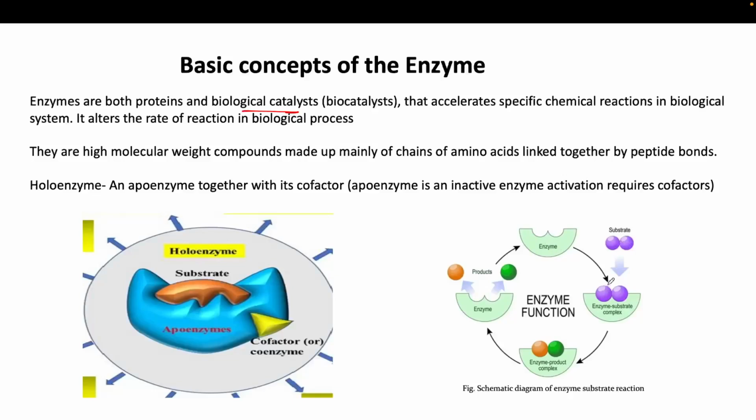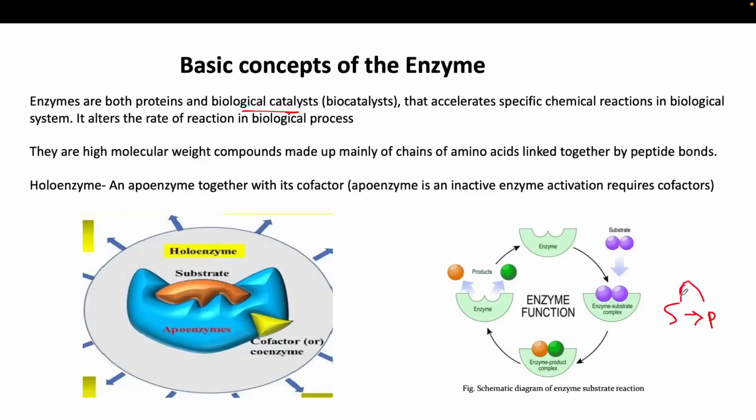Here the substrate first binds with the enzyme, making the enzyme-substrate complex. Once this complex is made, it creates a transitional phase where the energy is very high. In the free form, when the substrate converts into product without enzyme, the transition energy is too high.